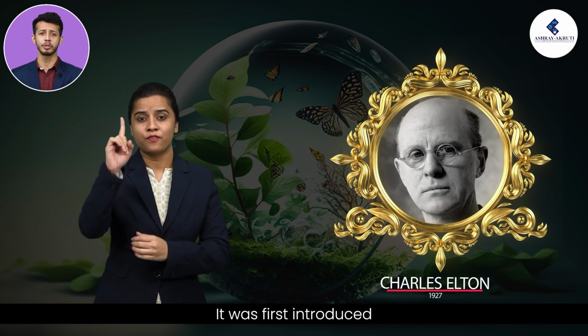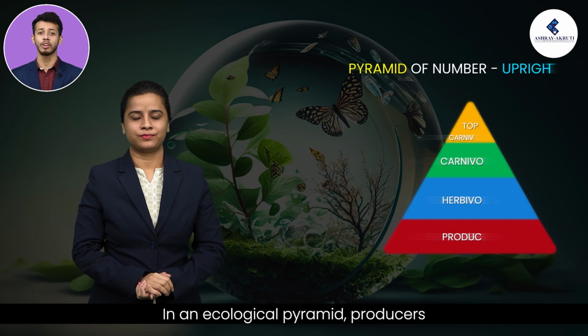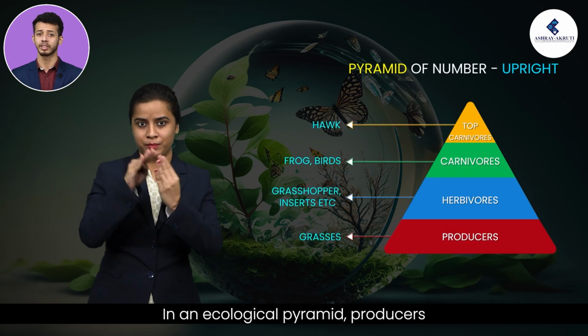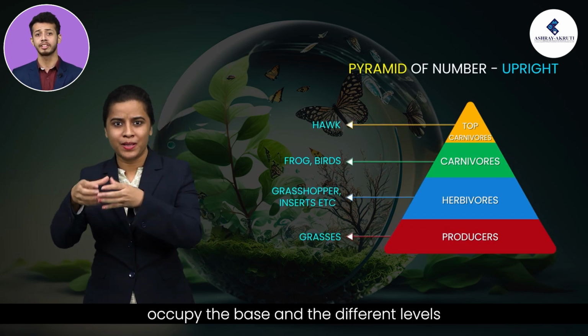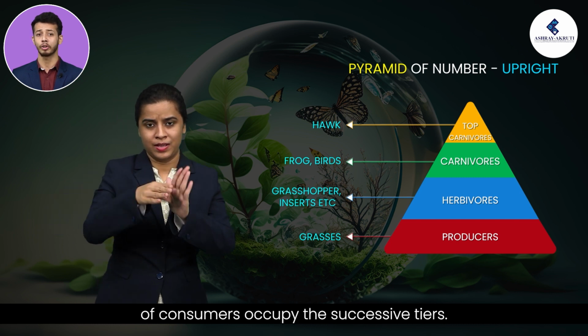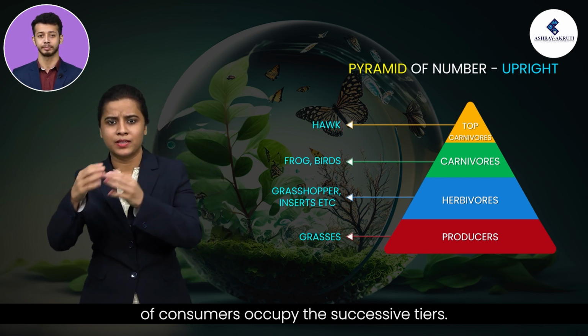It was first introduced by a British ecologist, Charles Elton, in 1927. In an ecological pyramid, producers occupy the base and the different levels of consumers occupy the successive tiers.